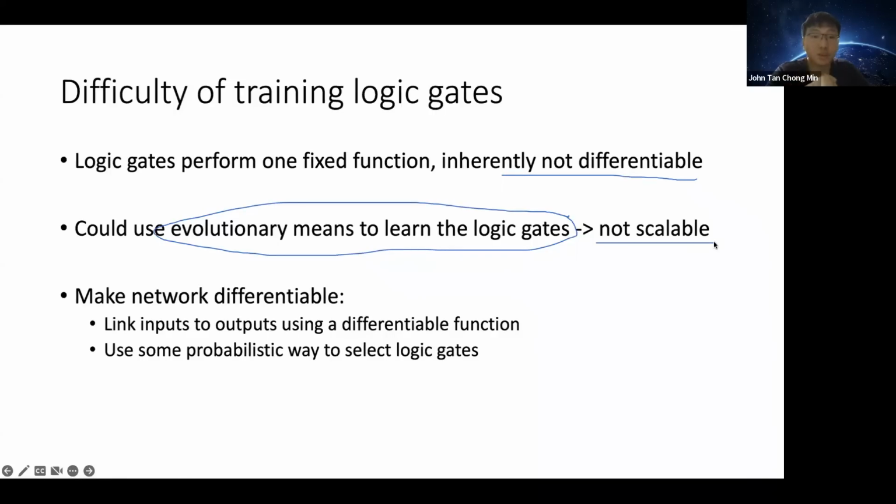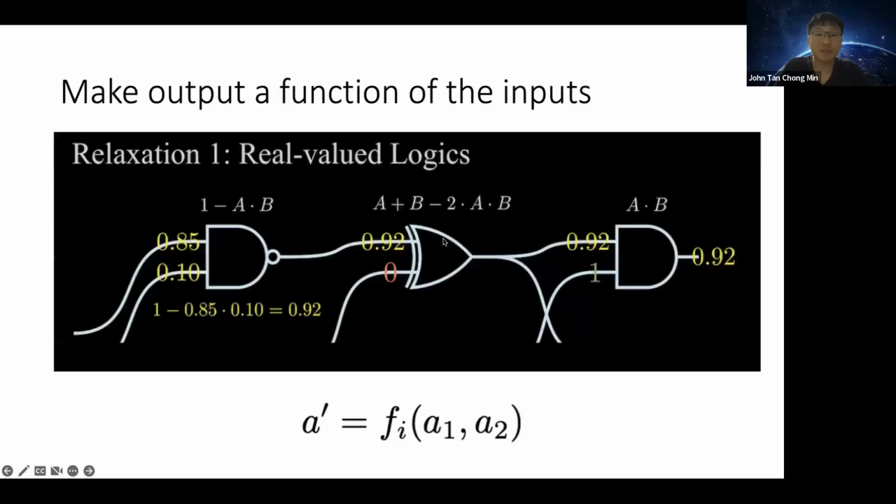So the authors did two things. One is to link inputs and outputs using a differentiable function, which we saw just now. By mapping a dot a times b in a probabilistic way, you can actually do the logic gate functions, for example for the AND gate. And the second thing is they use another kind of probability method to select the logic gates. So let's see how these two methods work. The first method is the way that they do the relation.